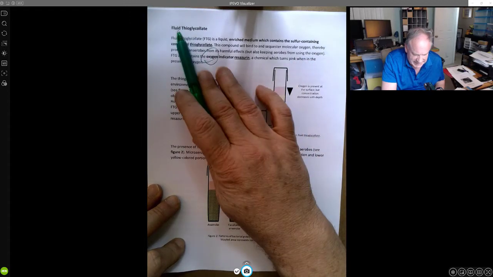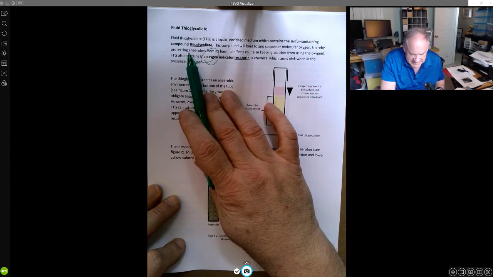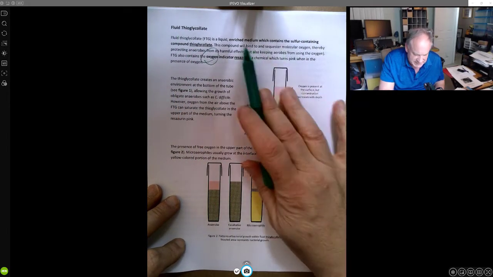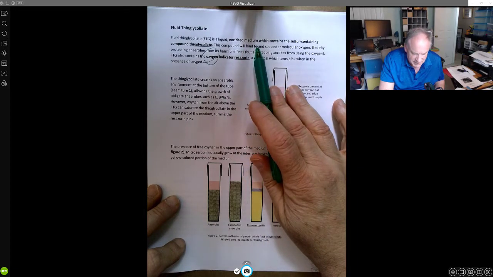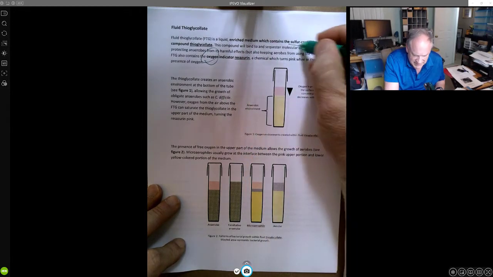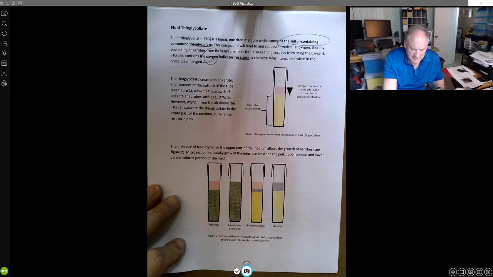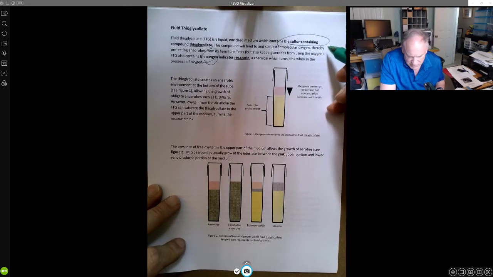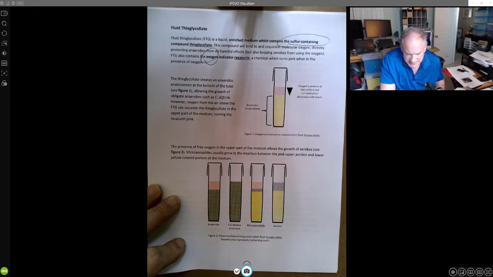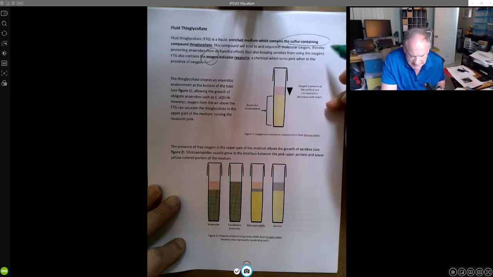But we can use a type of media called thioglycolate, and it's an enriched media, but sulfur is highly reactive. Now, everyone has worked with this, or females anyhow. If you get a hair perm, you get that mercaptan smell, that sulfur smell, and it's that sulfur that makes the double bonds from hair to hair.